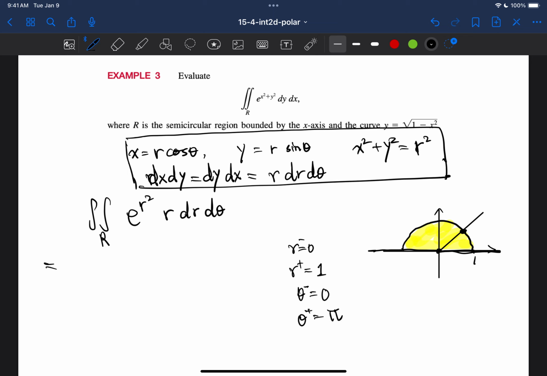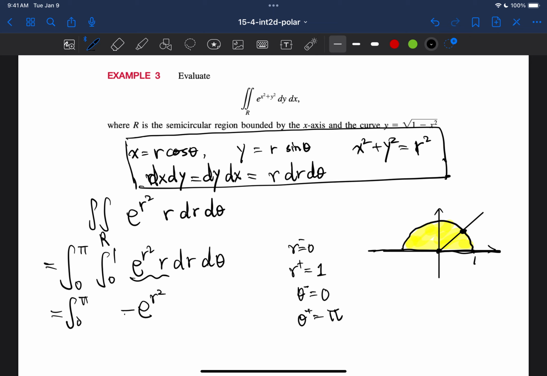So now it becomes 0 to pi and 0 to 1 of e to the r squared r dr d theta, and the antiderivative of this is e to the r squared over 2, from 0 to 1, d theta.